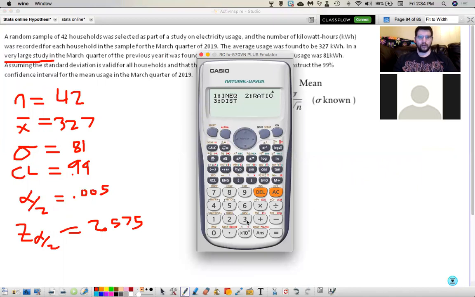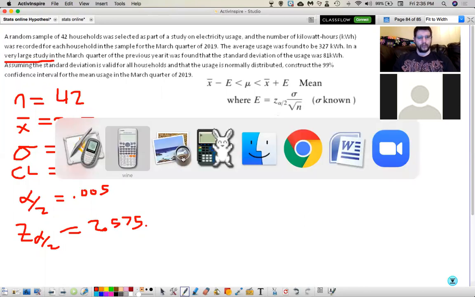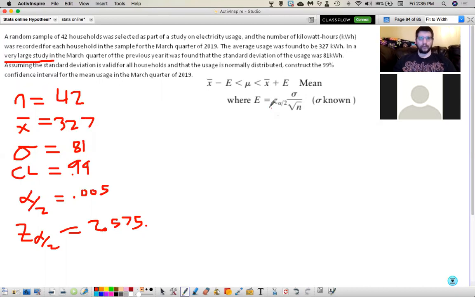Mode 3, number 3 again, 0.005, and leave those as standard. Negative 2.576 if you use technology. So it is slightly different already right there, but that's completely fine. Again, there's an interval of answers I accept, because you will get different answers if you use the chart or if you use the calculators. Let's see. So we got z of alpha over 2. We got sigma. We got n. Let's find out what E is.